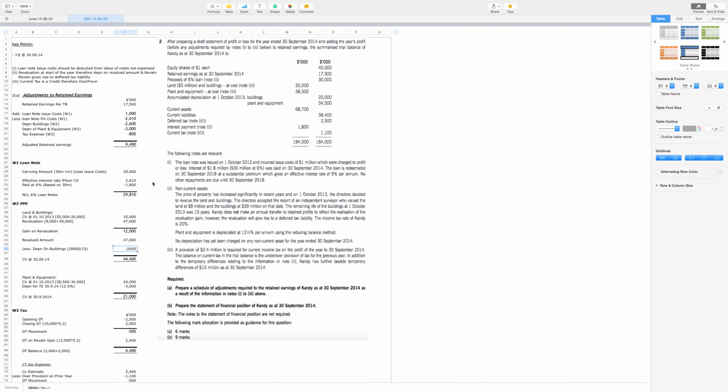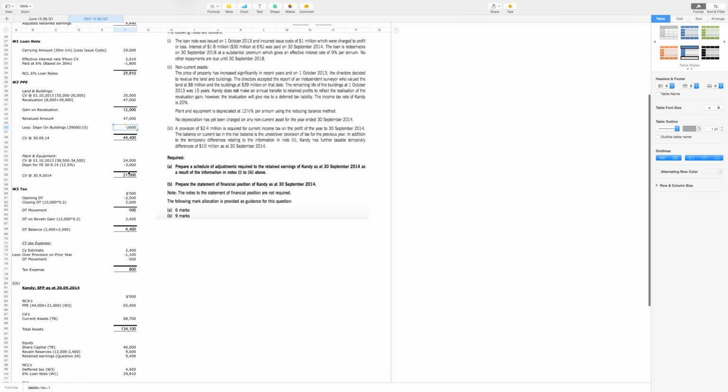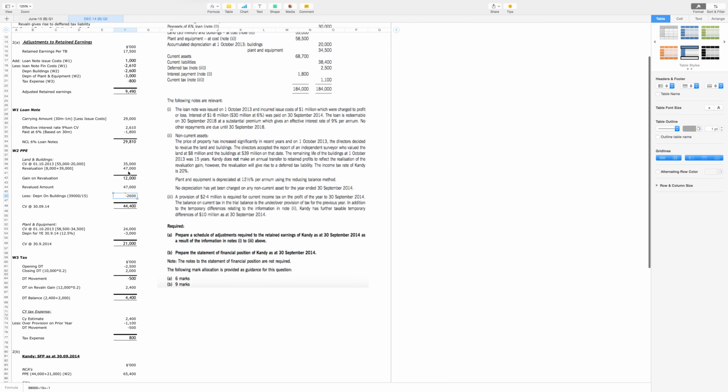Once we have taken our retained earnings per trial balance and then removed all additions of depreciation, tax expense and loan note finance costs, and then added back the issue costs, we get an adjusted retained earnings balance of 9,490,000. So as you know, significantly different from the initial start. However, we've now corrected this. Remember, your retained earnings will then be represented in your statement of financial position, which we'll come to now.